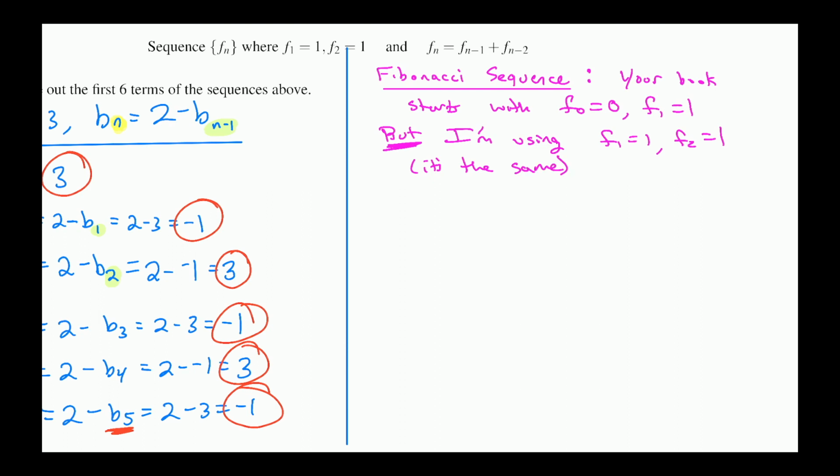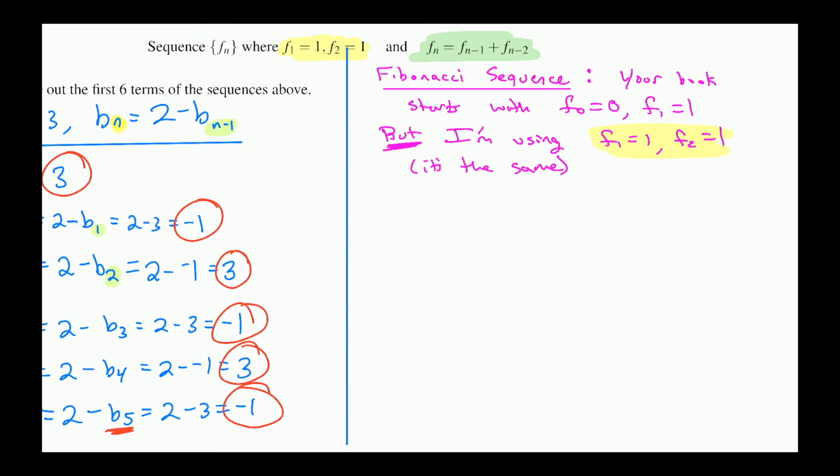Okay. Now let's actually try to calculate these. Notice that we've got two values here: F1 is 1, F2 is 1. That's how we're getting started. But then you also have the recursion formula, so you actually need two values: Fn is Fn minus 1 plus Fn minus 2.